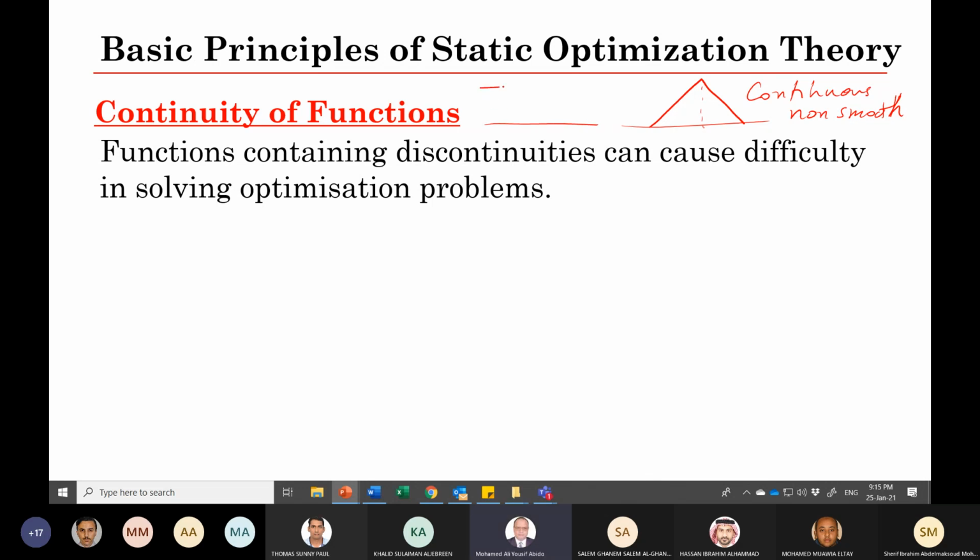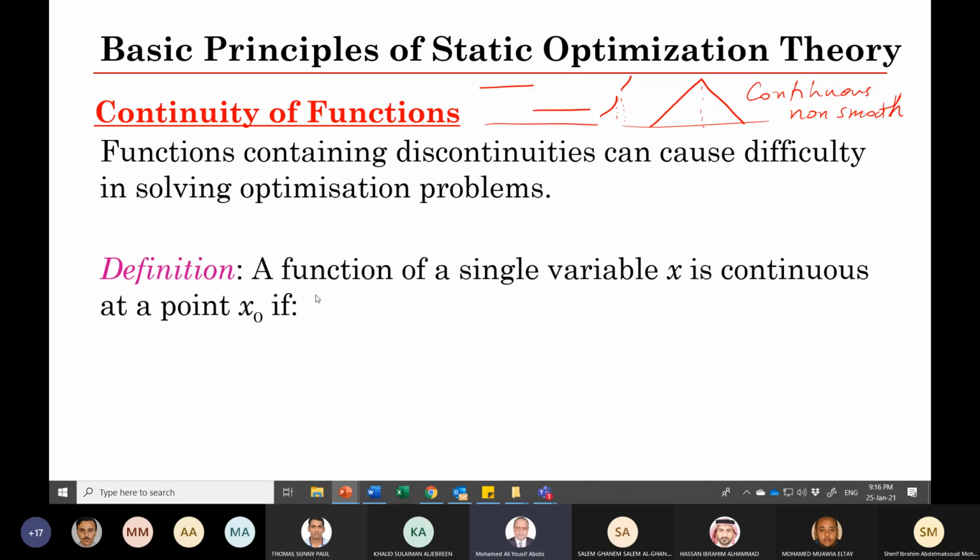This is a very simple function, and you have a discontinuity in this region. You can have a discontinuity here, or here also. These functions create a problem in classical optimization.